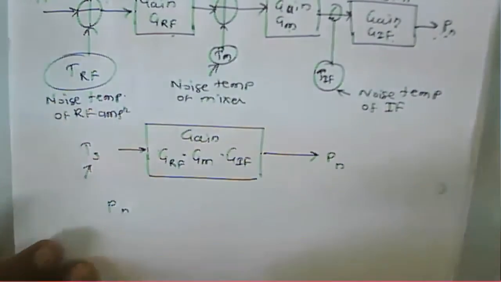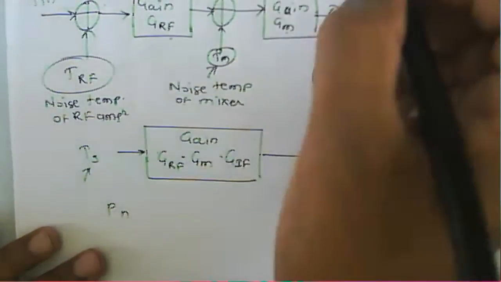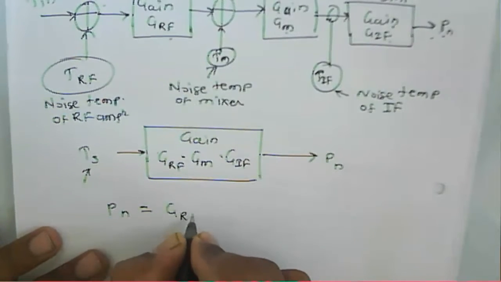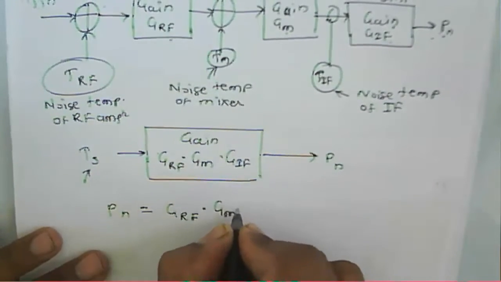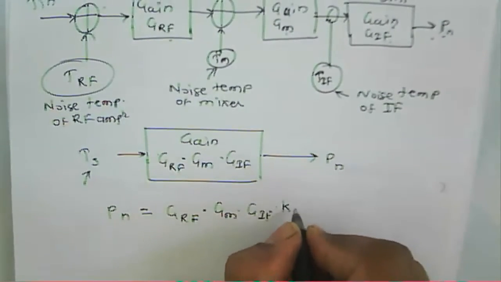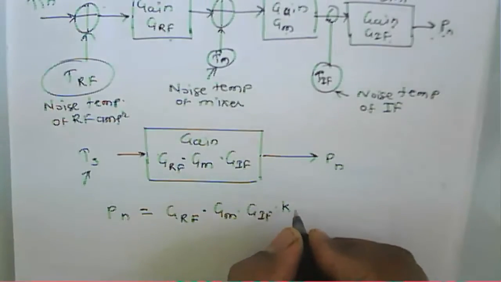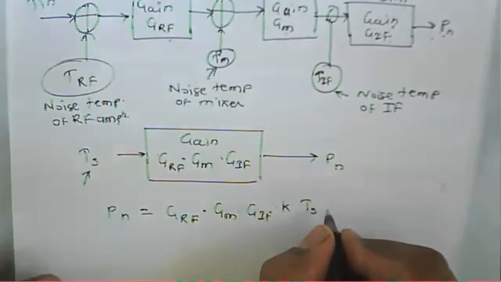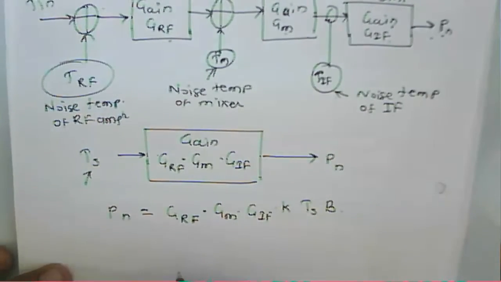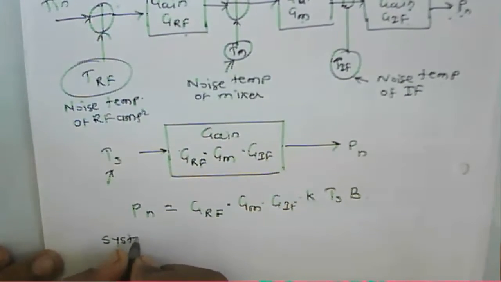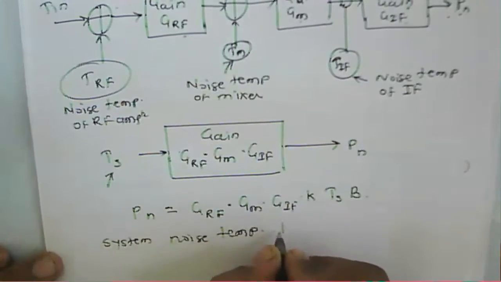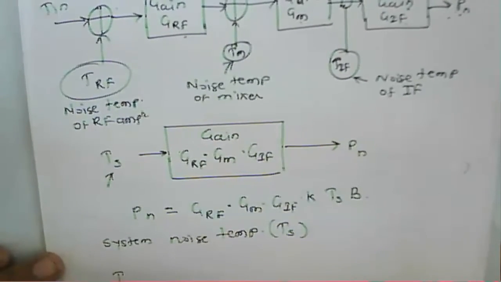and we can write, with respect to the system noise temperature, that Pn is equal to what? GRF, GM, GIF. Then we have the K. Then we have the system noise temperature and the bandwidth. And from this we can obtain the system noise temperature, that will be TS.